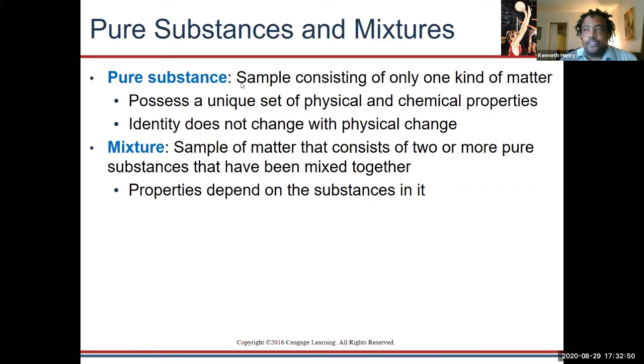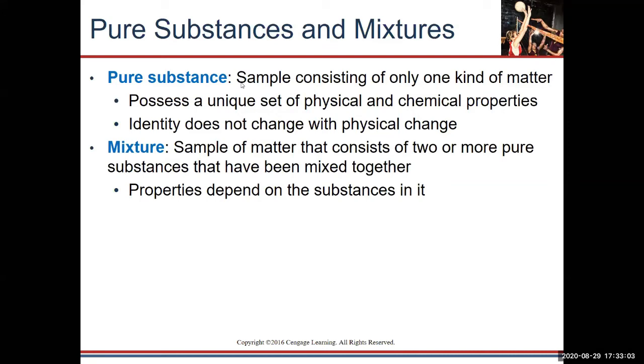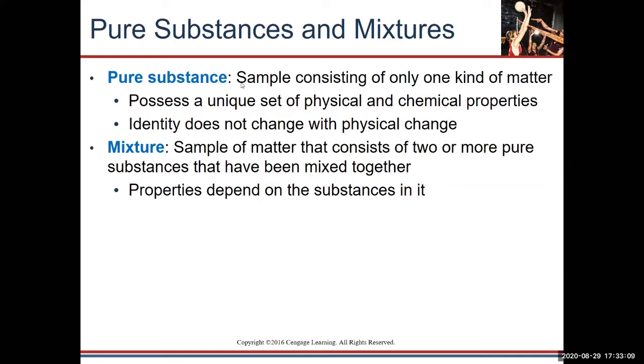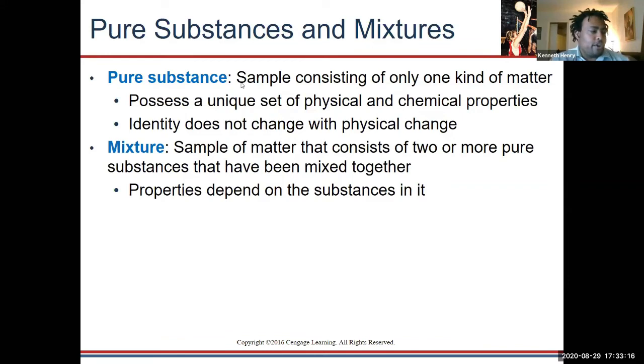So, sugar. Do you guys think sugar is a pure substance or is it a mixture? A mixture. I think it's pure. How many of you guys think it's pure? Raise your hand. So sugar is pure, right?